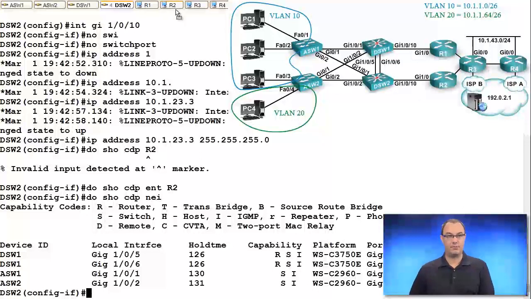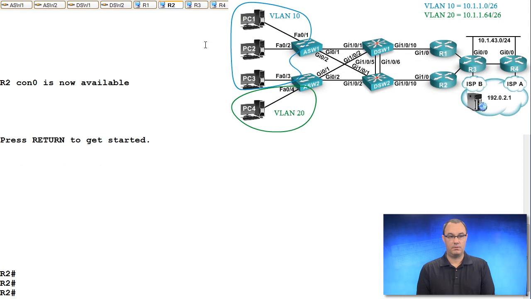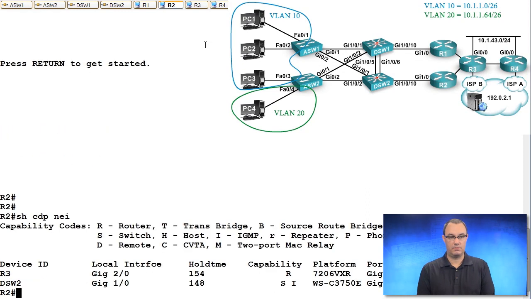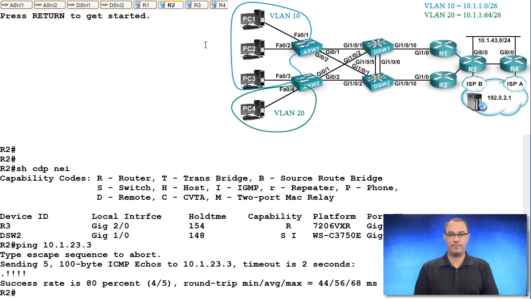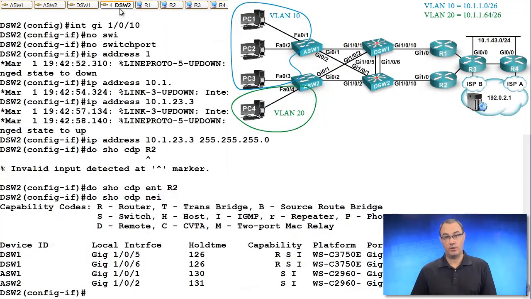Let's go to R2. Ping. We're looking good. Okay, so we have our connectivity between DSW2 and R2 and DSW1 and R1.